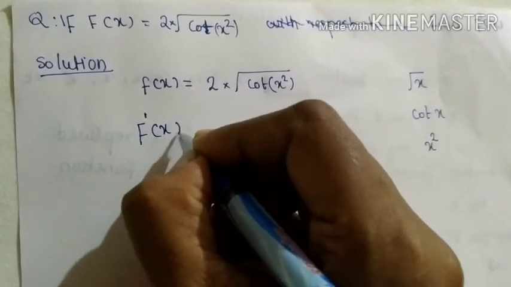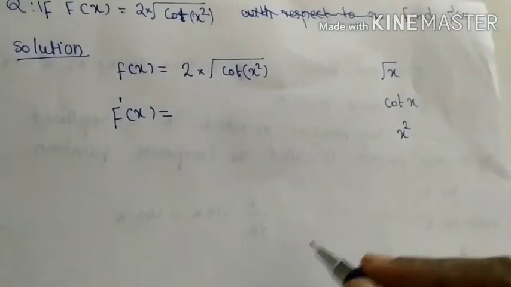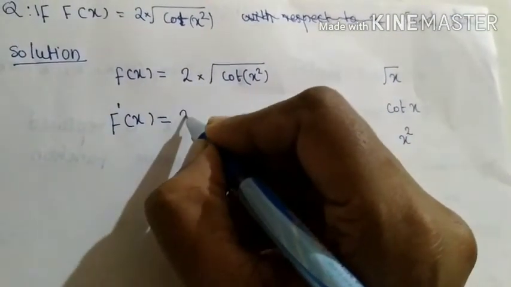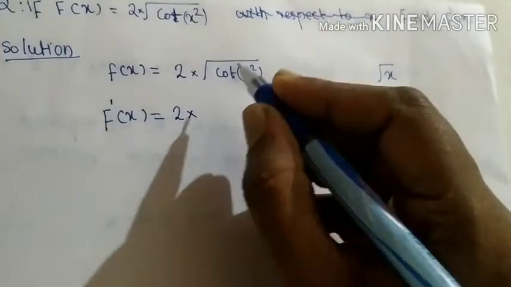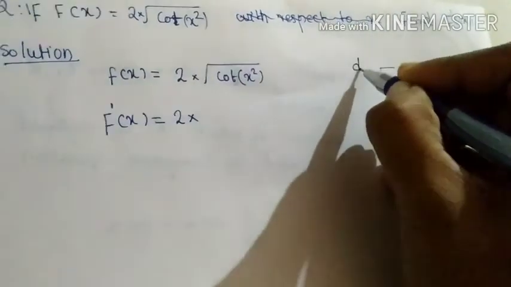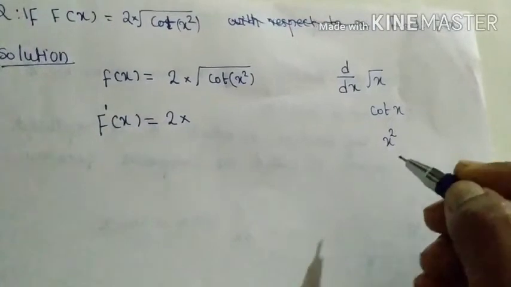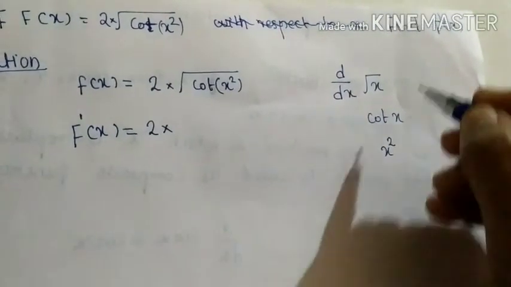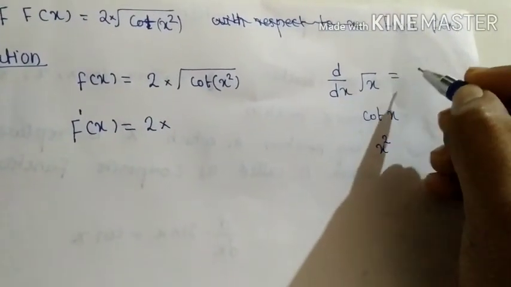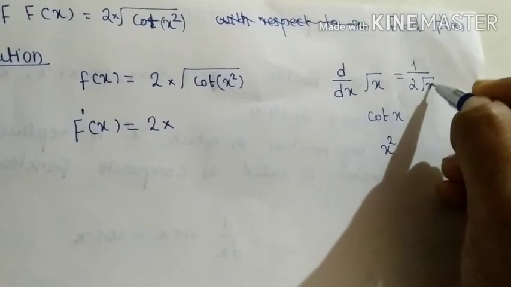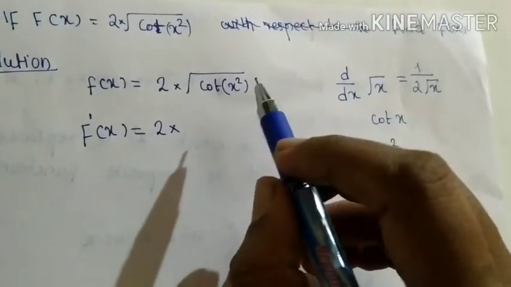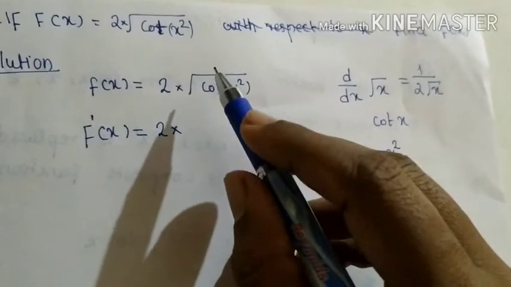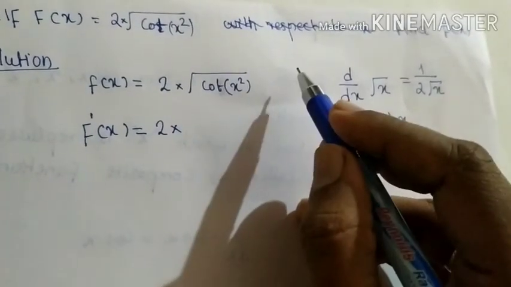F dash of x is equal to, we know that 2 is a constant, so write 2 here. What is the standard form of derivative of root x? We know that the derivative of root x is 1 by 2 root x. But here we need to find the derivative of root of cot x square.